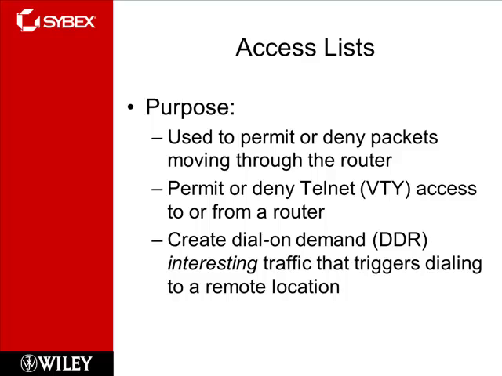The purpose is to permit or deny packets moving through the router, going across the router, back to that figure they showed. Who do we want to be able to get to our web server? The answer would be, except for Dustin, we want all of our customers to be able to get there. Dustin wants to starve to death early, young. But we can do that with access control lists using permit and deny packets.